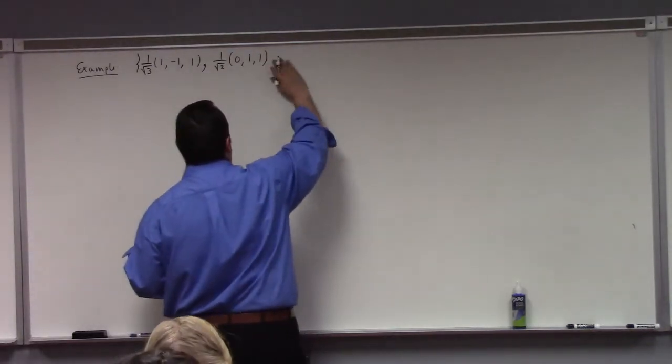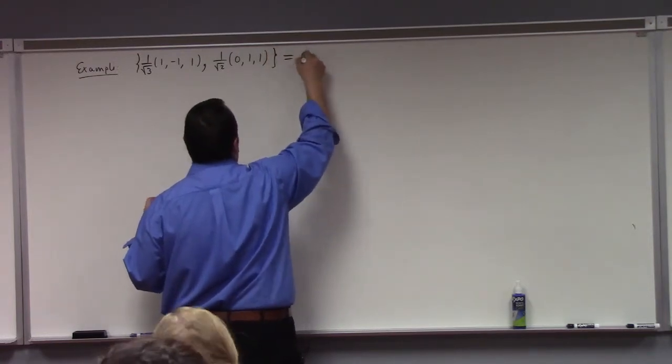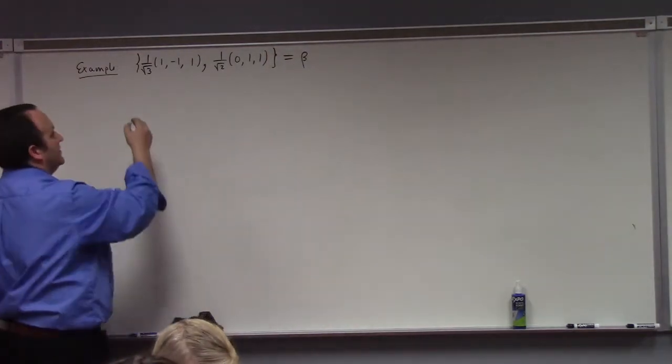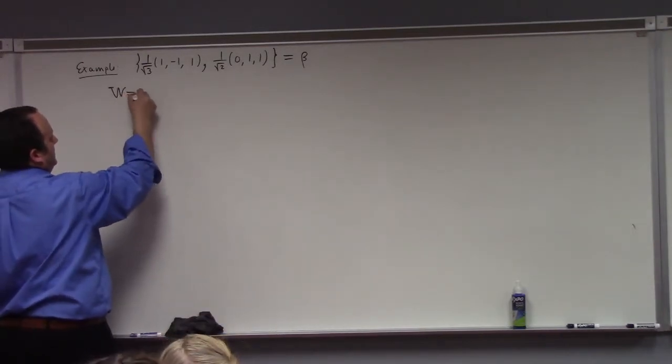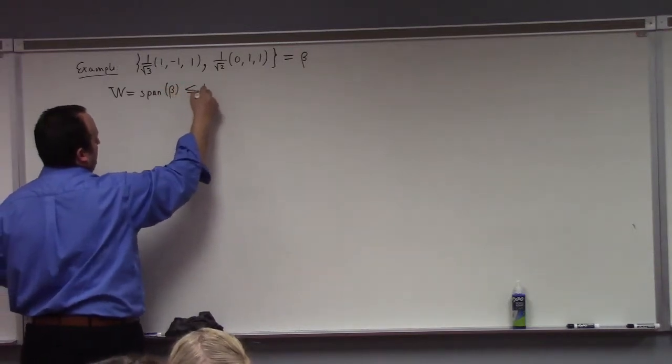All right, I'll just stop there. Finding the third one is a pain for me. So I'll call that beta. And you could look at W equal to the span of beta. That would be a what? Subspace of R3, two-dimensional.